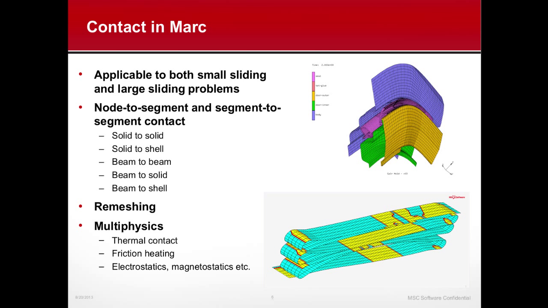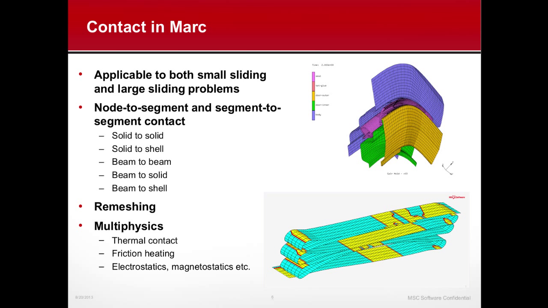And the contact capabilities are also extended to support multiple physical phenomena. And you can study heat transfer across the components, and you can perform coupled analysis where heat may be generated either due to plastic deformation or friction, as I mentioned earlier.